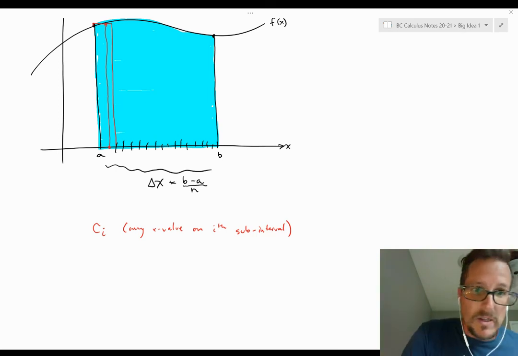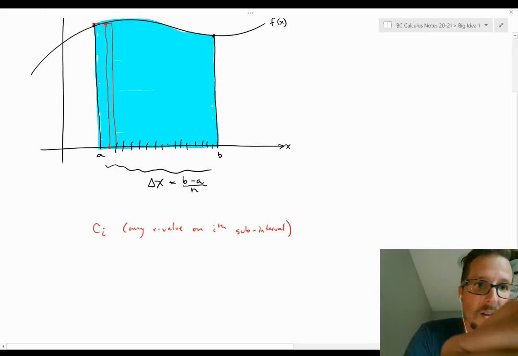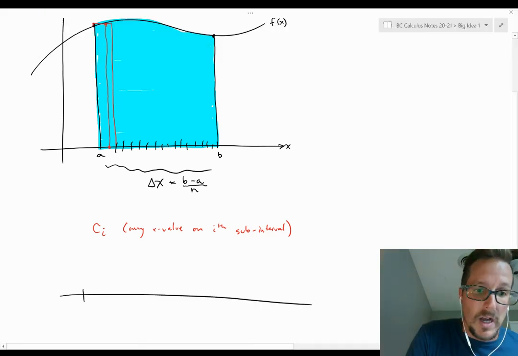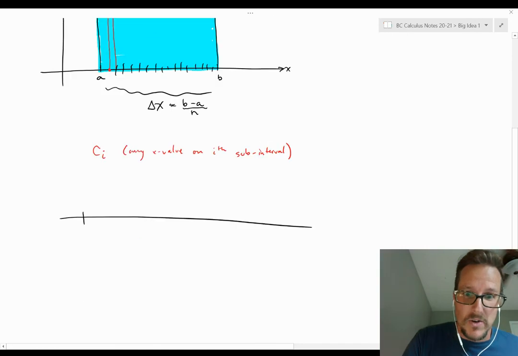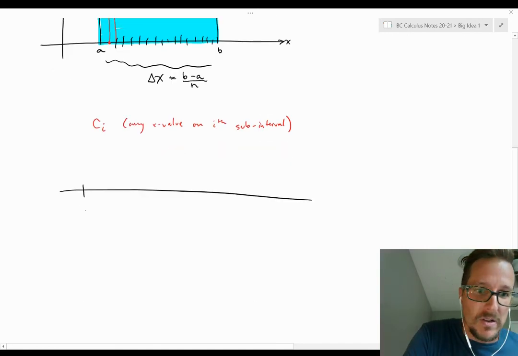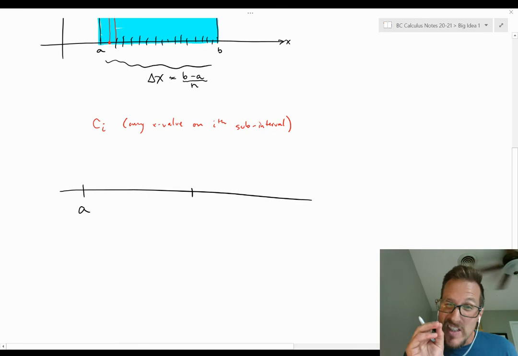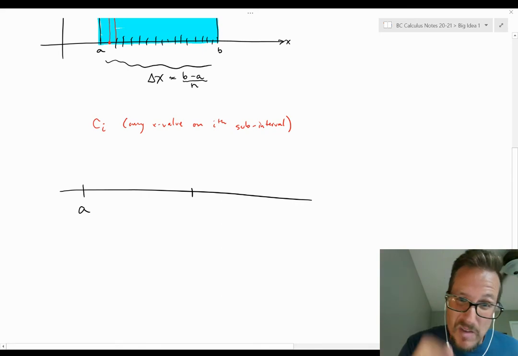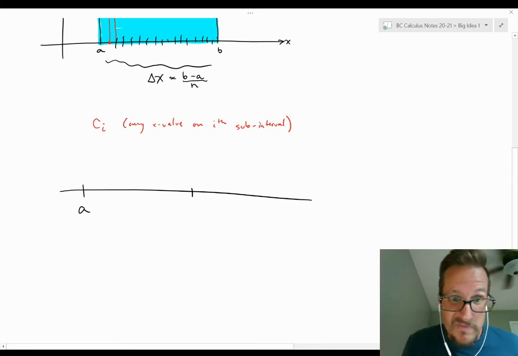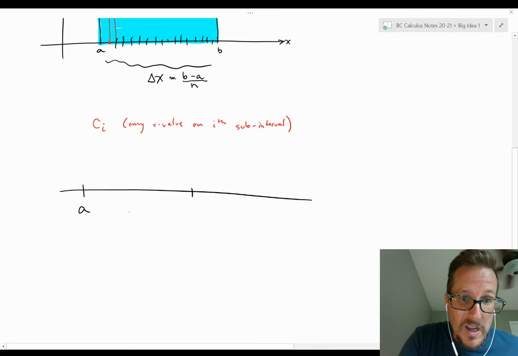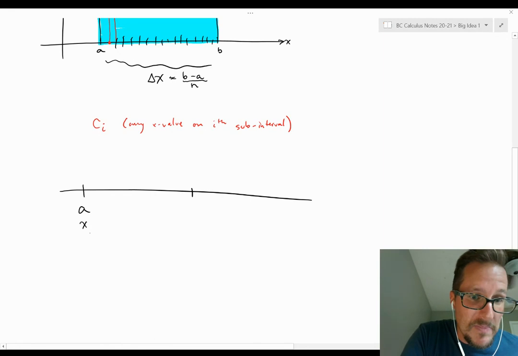Here's why, right? We are going to take a look at a really zoomed in version of the interval from a to b. In fact, it's so zoomed in that these infinitesimally small subintervals are now that long. We're going to call a x sub 0. This next little break is x sub 1.